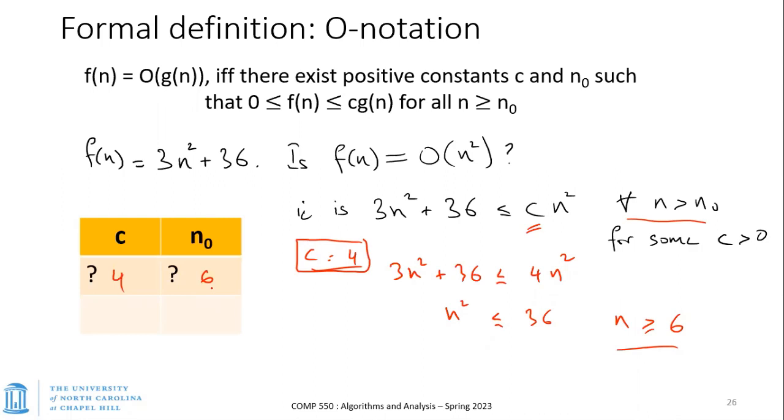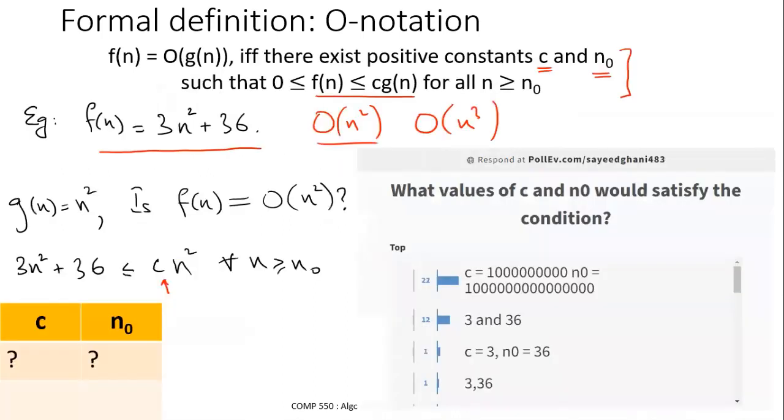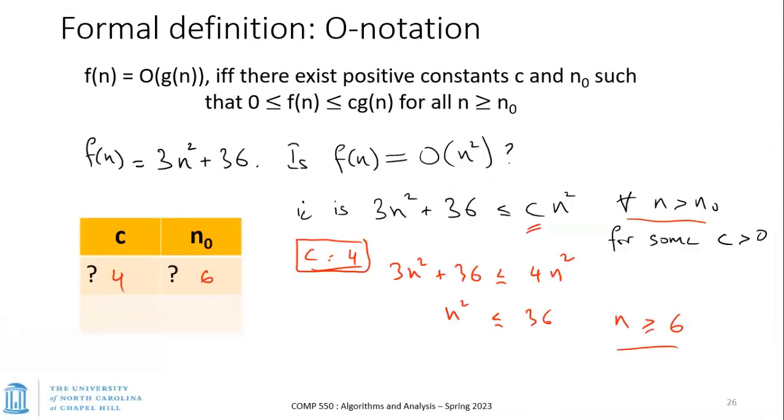So somebody had suggested c is equal to 3 and n naught being 36. Would that work? C is equal to 3 and n naught is equal to 36. So is 3n squared plus 36 less than or equal to 3n squared for all values of n greater than or equal to 36?